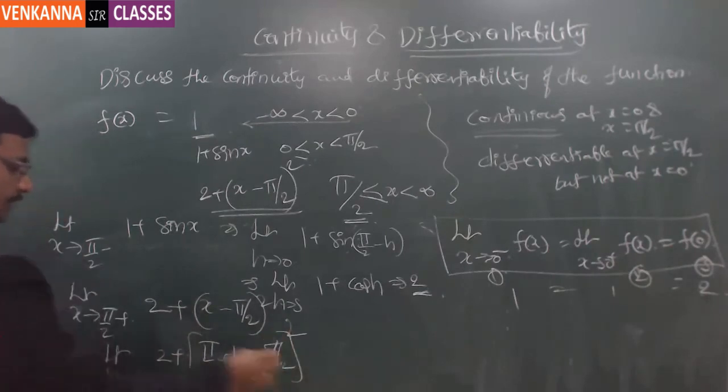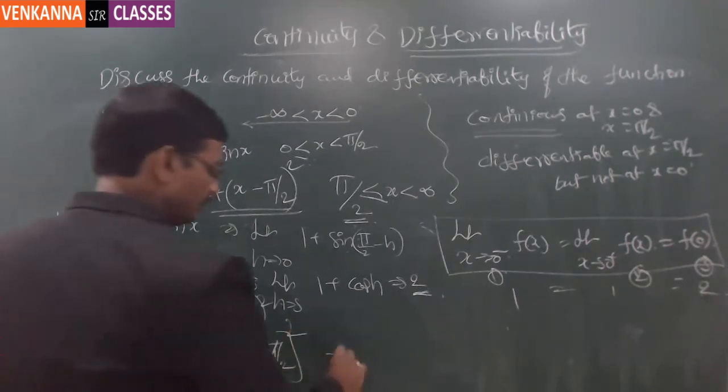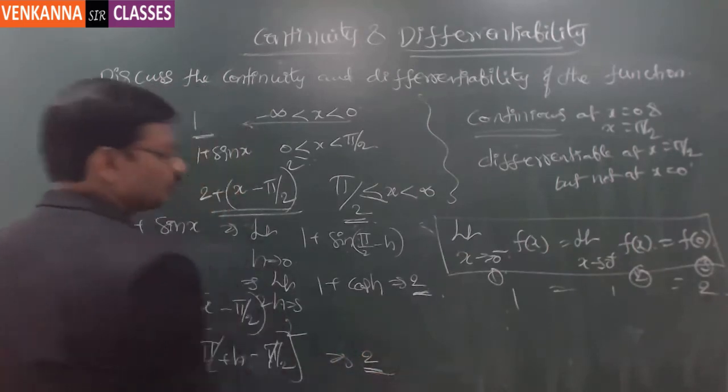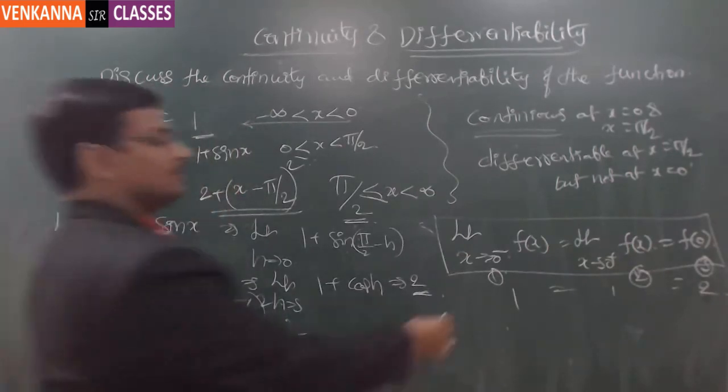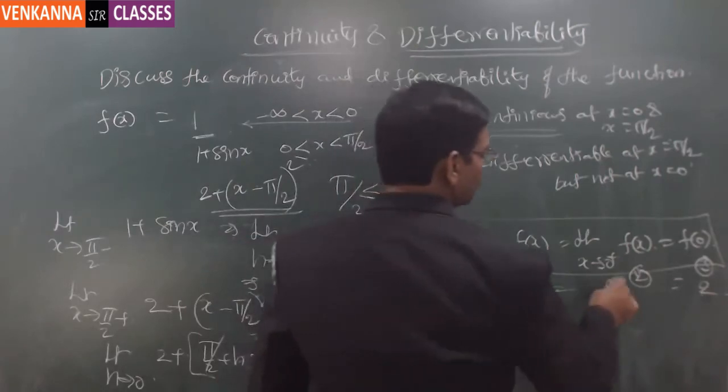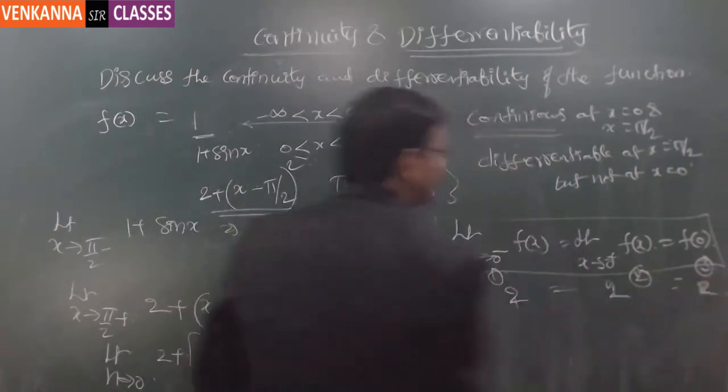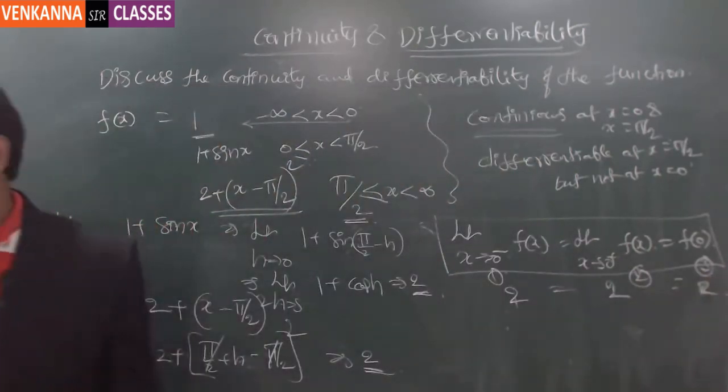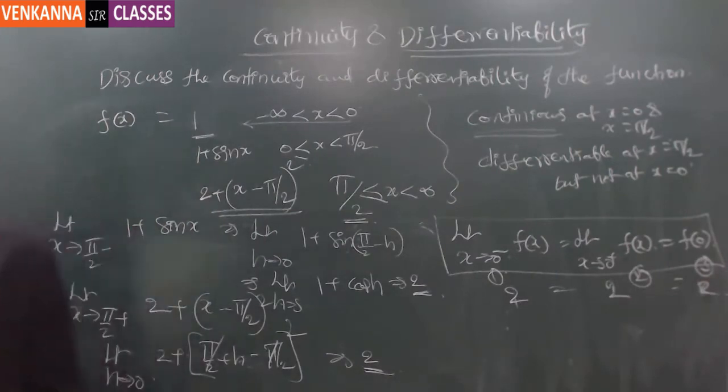So pi by 2 and pi by 2 will cancel. 2 plus h square, and h is equal to 0. The final value is coming out to be 2. So this value is 2, this value is 2, and this value is 2. Now the function is continuous at x is equal to pi by 2 also. Got it? Understood?